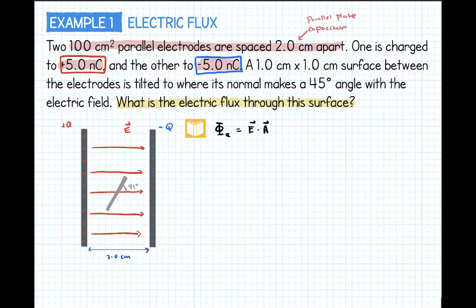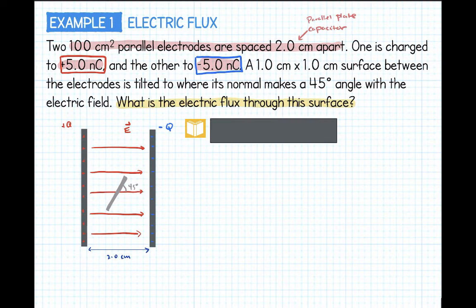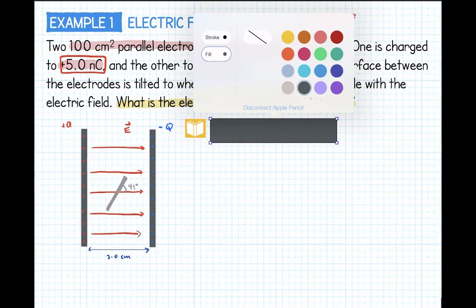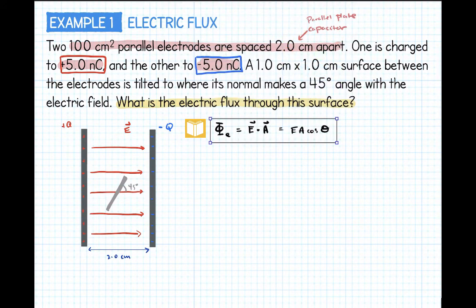The other thing we want to remember is this is a dot product. So you can also write this as EA cosine theta if you don't want to write it in the vector form. So this is a fairly simple equation. This is our equation for flux.